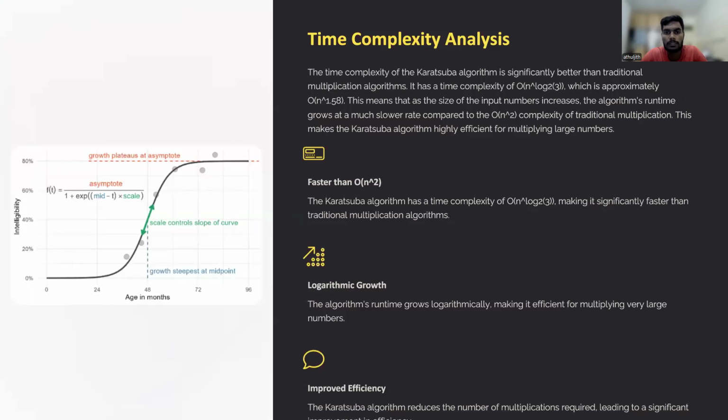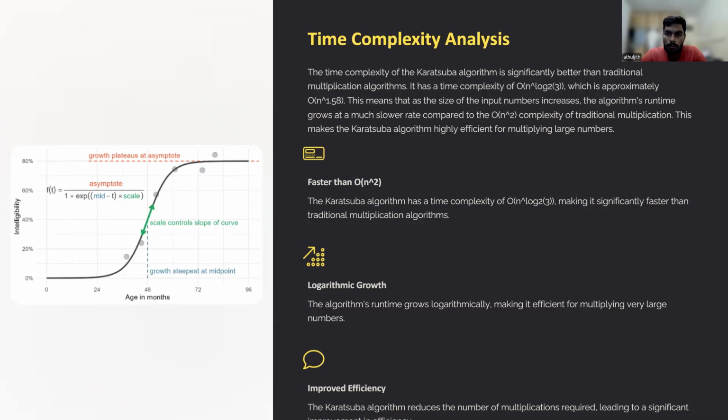Time complexity analysis. The time complexity of the Karatsuba algorithm is significantly better than traditional multiplication algorithms. It has a time complexity of O(n^(log2 3)), which is approximately O(n^1.58). This means that as the size of the input numbers increases, the algorithm's runtime grows at a much slower rate compared to the O(n^2) complexity of traditional multiplication.